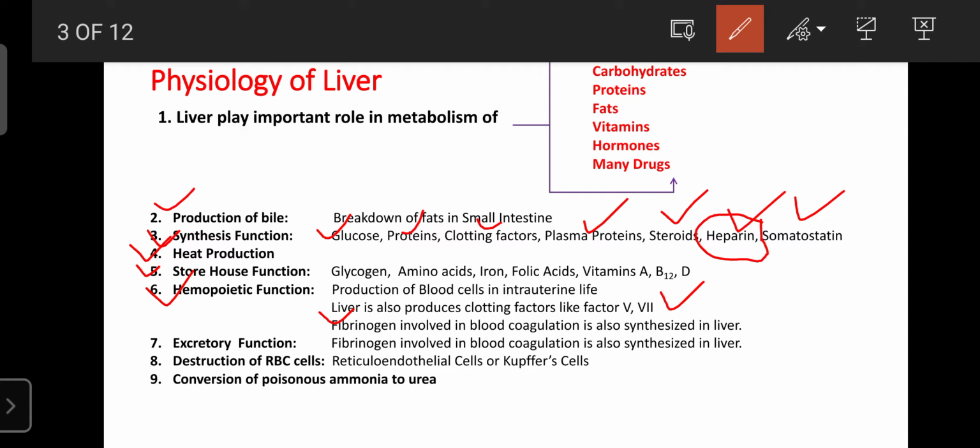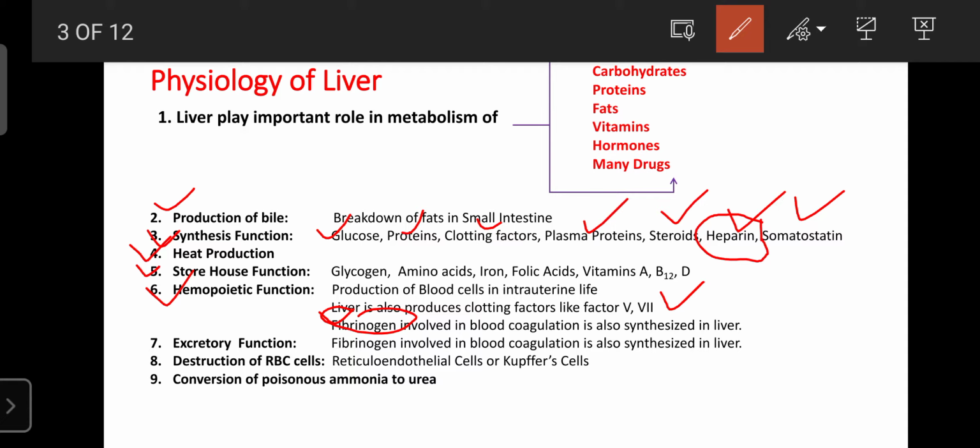Then the blood becomes a semi-solid or jelly-like substance, known as the clot. The formation of this semi-solid substance prevents hemorrhage, and that mainly depends upon fibrinogen. And the liver is involved in the synthesis of fibrinogen.